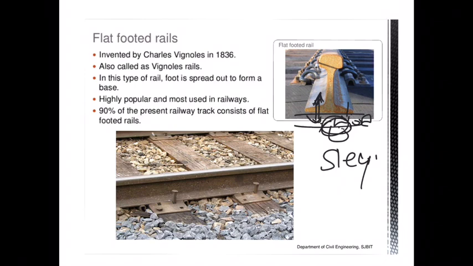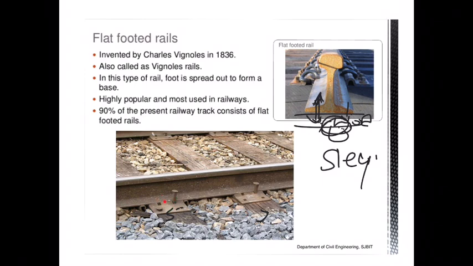To avoid the additional stresses on the sleeper section, instead of directly fixing the foot onto the wooden sleepers, we use steel bearing plates. As you can see here in the picture, these are the bearing plates.